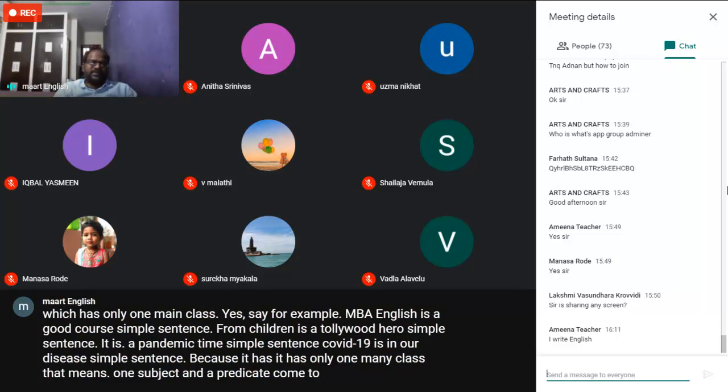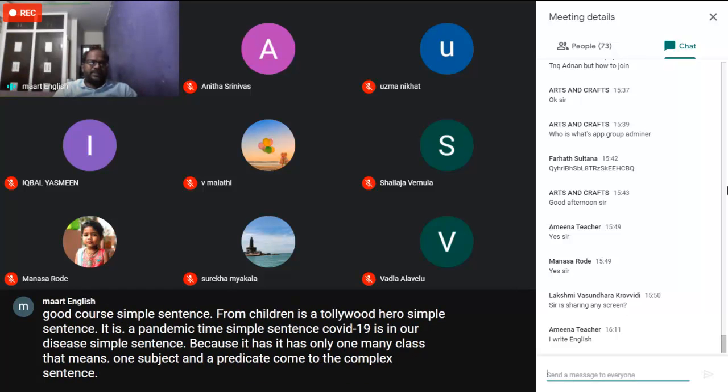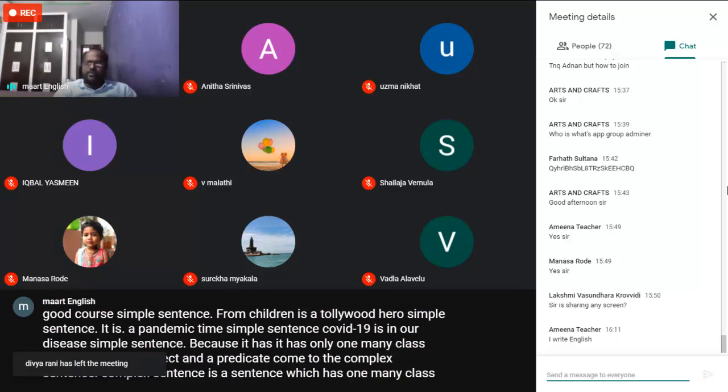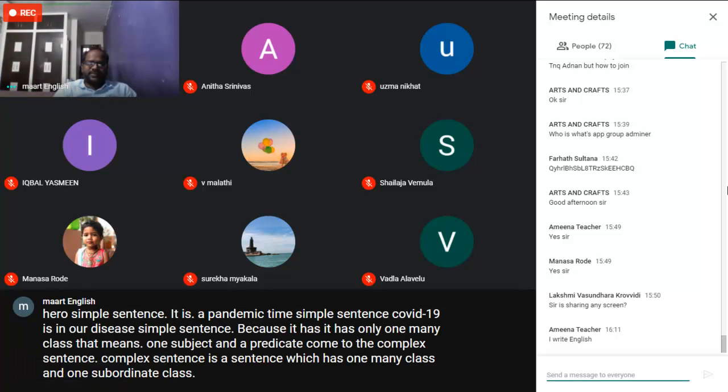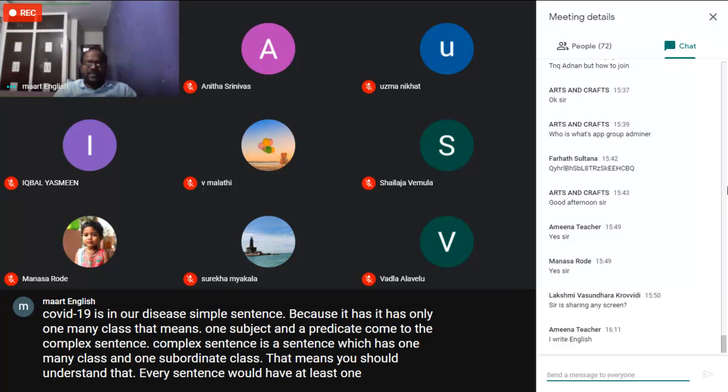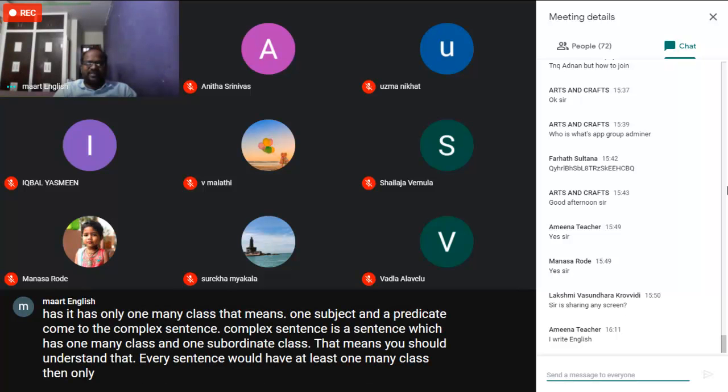Come to the complex sentence. A complex sentence is a sentence which has one main clause and one subordinate clause. Every sentence should have at least one main clause, then only it is called a sentence. A simple sentence has only one main clause.